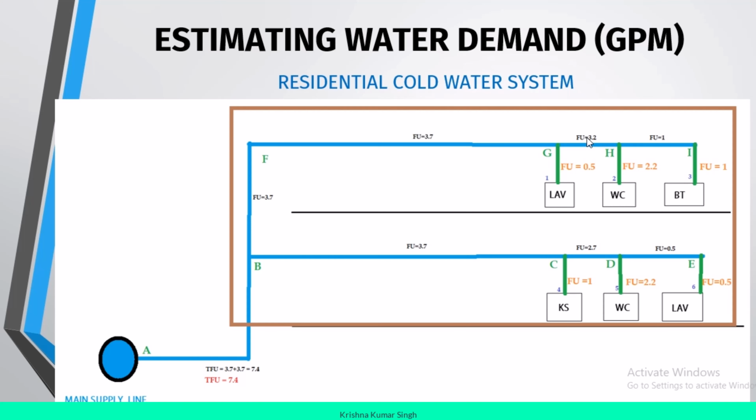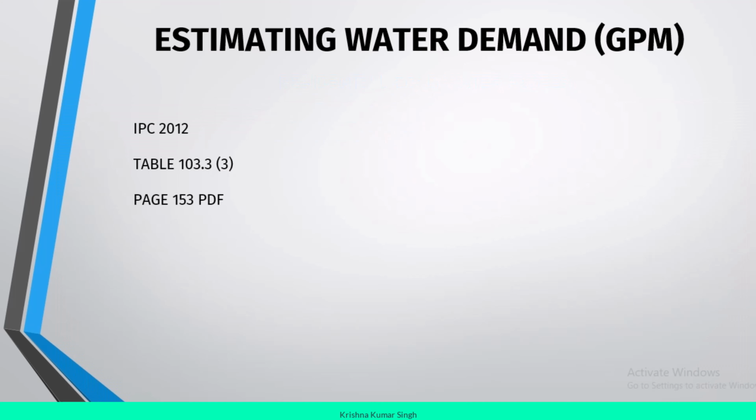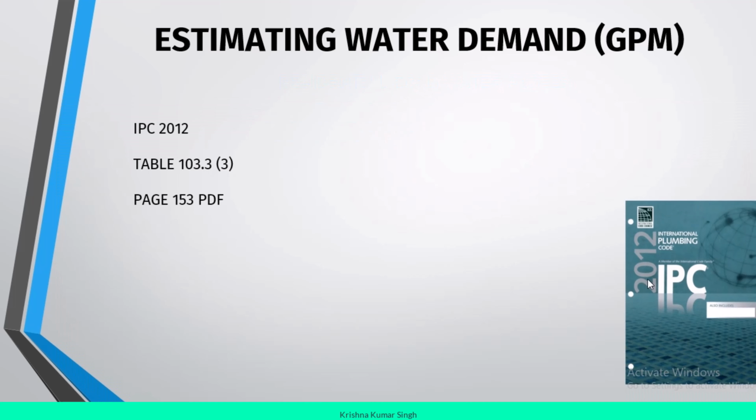Now, by using IPC 2012, we will use table E103.3(3), page 153, to find out how we can convert fixture units into GPM.